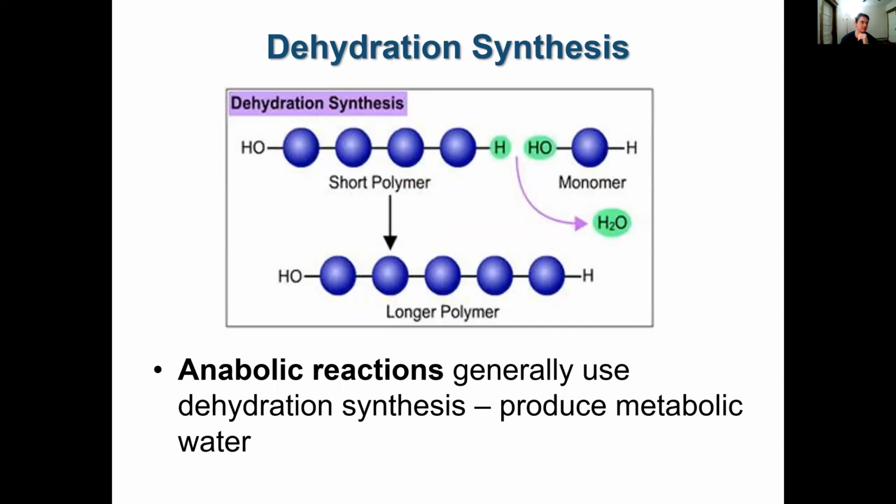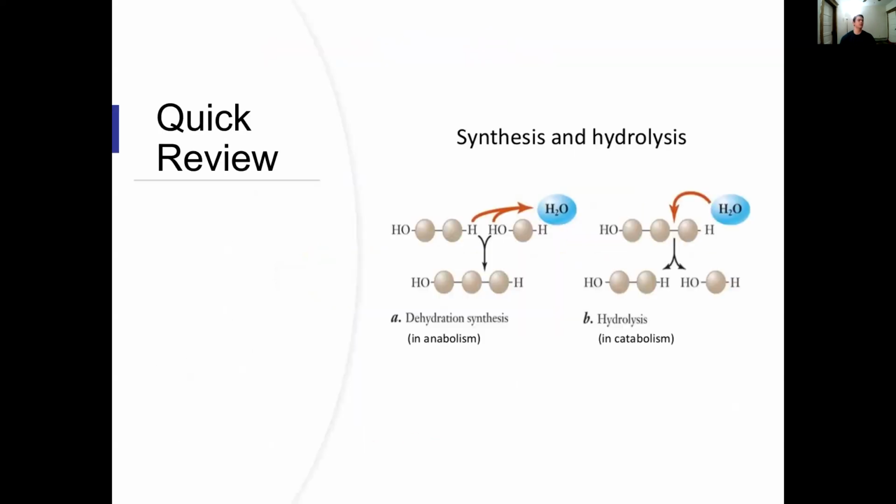On the flip side of this, you have dehydration synthesis, where you are removing water from two smaller molecules to create a longer or bigger molecule. This forms part of anabolic reactions because they generally use dehydration synthesis. So as a quick review, dehydration synthesis is used in anabolism.